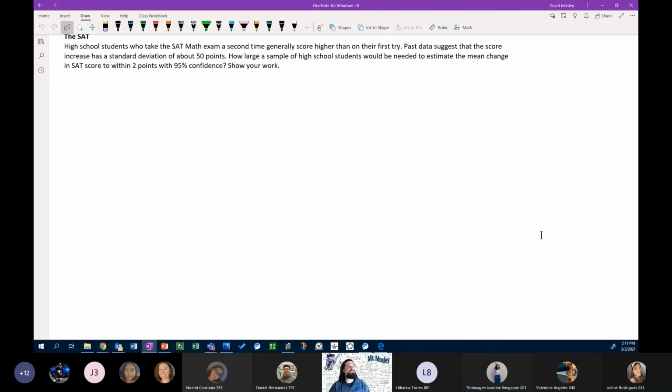Past data suggests that the score increase has a standard deviation of about 50 points. How large a sample of high school students would be needed to estimate the mean change in SAT score within 2 points with 95% confidence? We want to show our work.